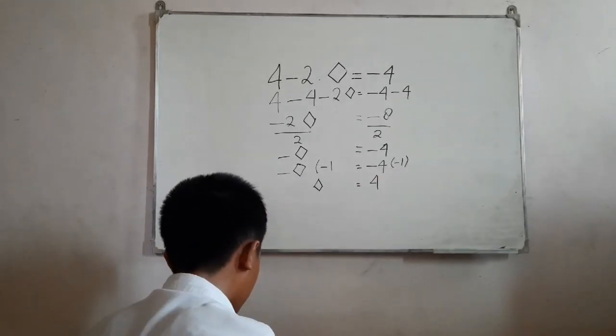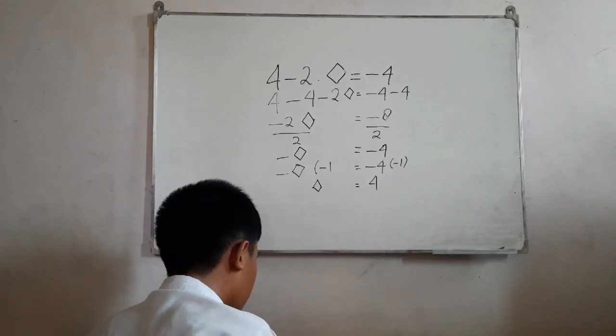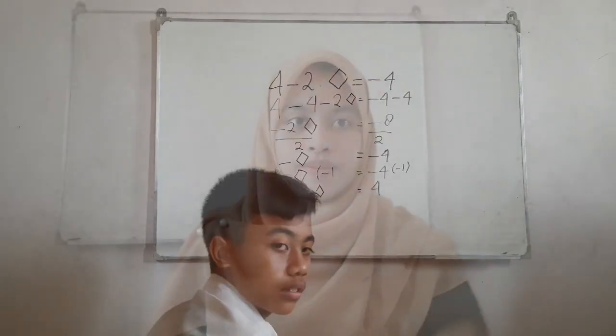So we get the value of rhombus equal to 4.